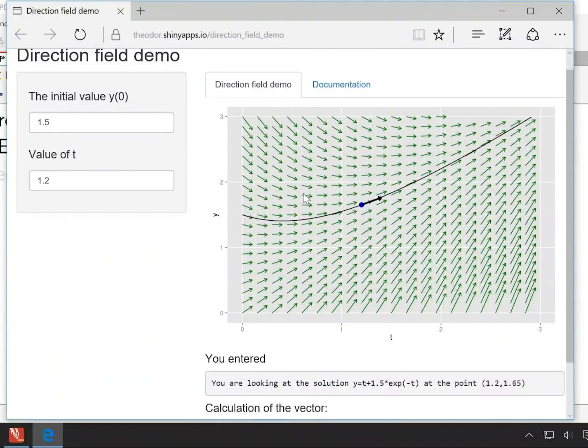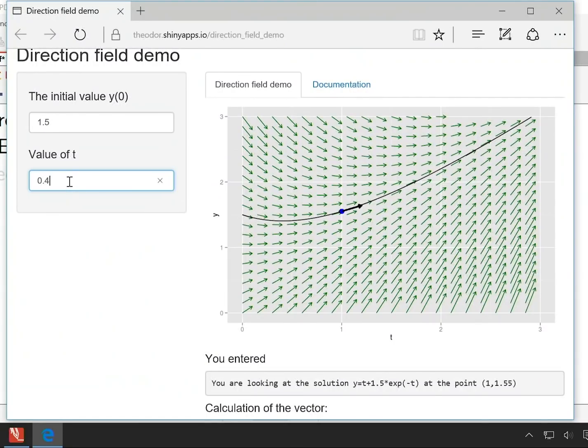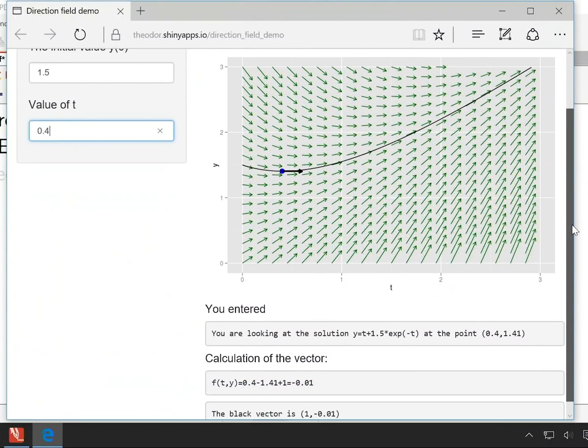But if, say, you try to find the value of t somewhere here, let's say 0.4, it's going to be almost horizontal, right? Now it found the value of y so that the blue point sits on the black curve.